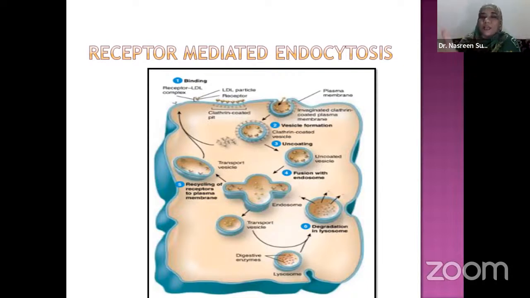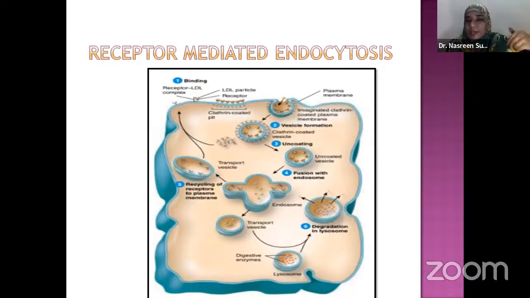Okay, first there will be receptors on the cell surface. LDL will come and bind to the receptors. There will be invagination of the plasma membrane, and it will get pinched off and form a sac. Now this sac is covered by clathrin protein that will be removed, that is called uncoating. Then inside there is LDL attached to the receptor, so receptors should be reused. So for recycling purposes, these receptors are separated, LDL particles are separated.